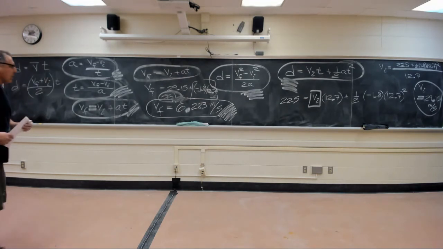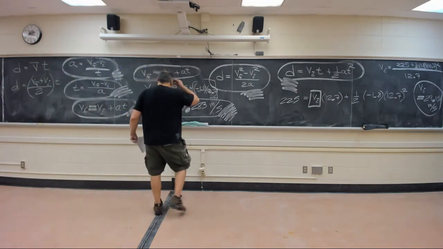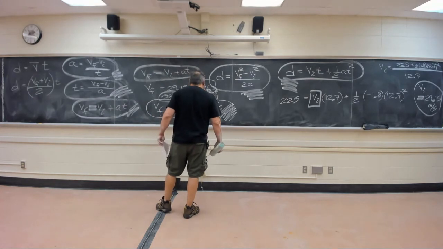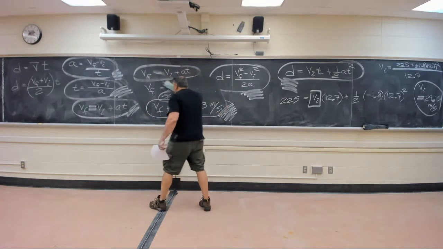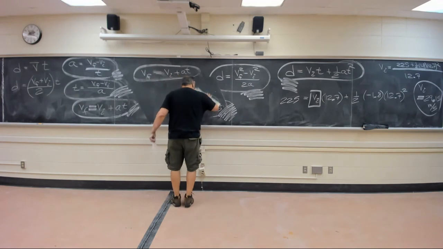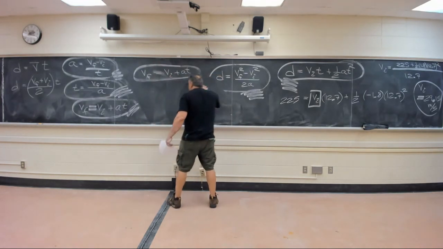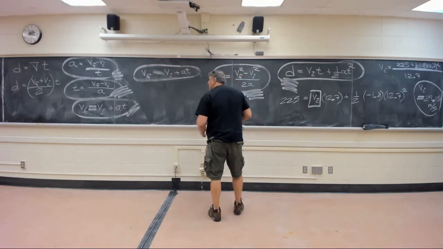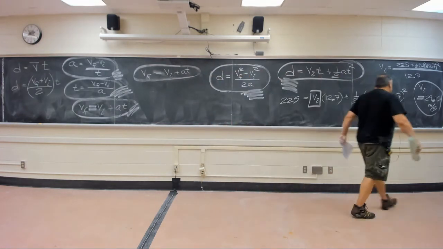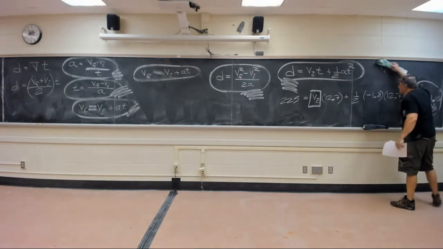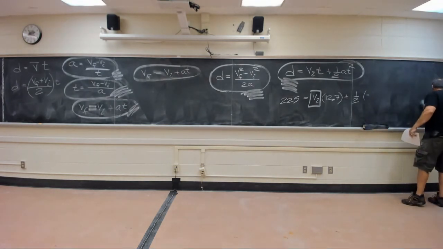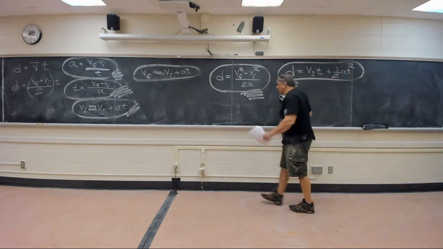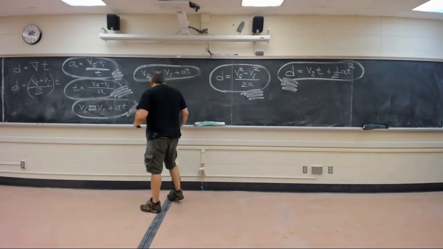So there's a lot of looks here. It's good that we're leaving a lot of this stuff up here. When we run out of room, we'll erase, I guess. All right, guys.